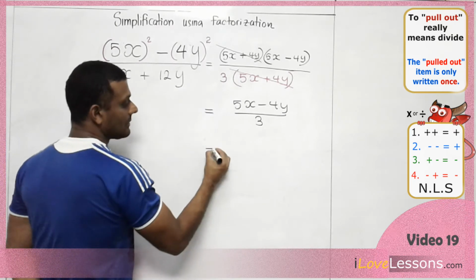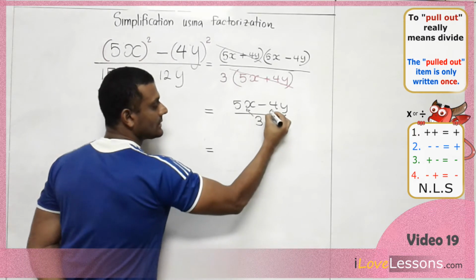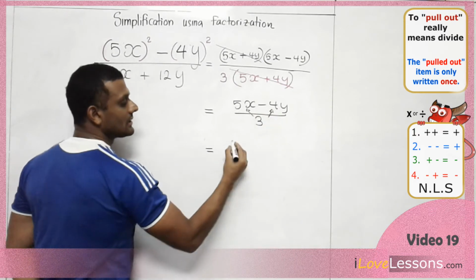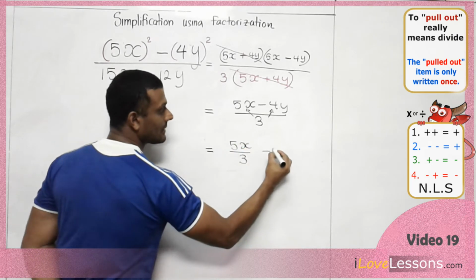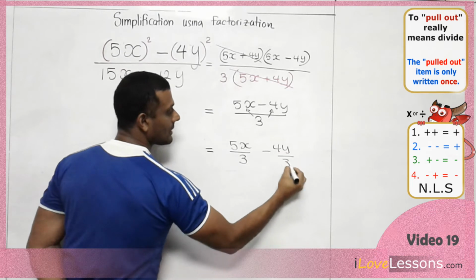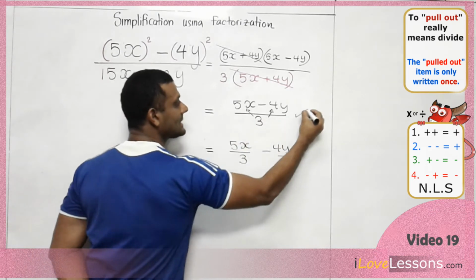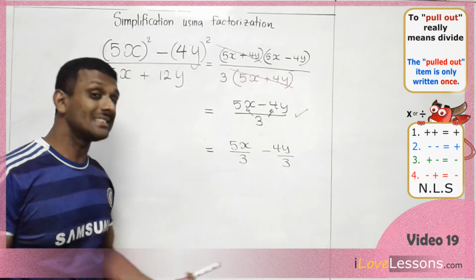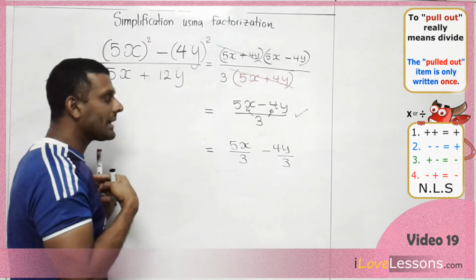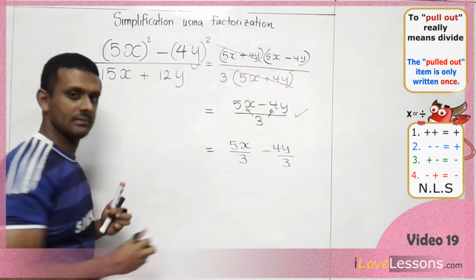This really means that both items on top get divided by 3, so you can also write it like this. Both are mathematically correct, but I would stick with this answer because in simplification, you want to get your answer to look as simple as possible. In my opinion, I find this one looks simpler than this one.